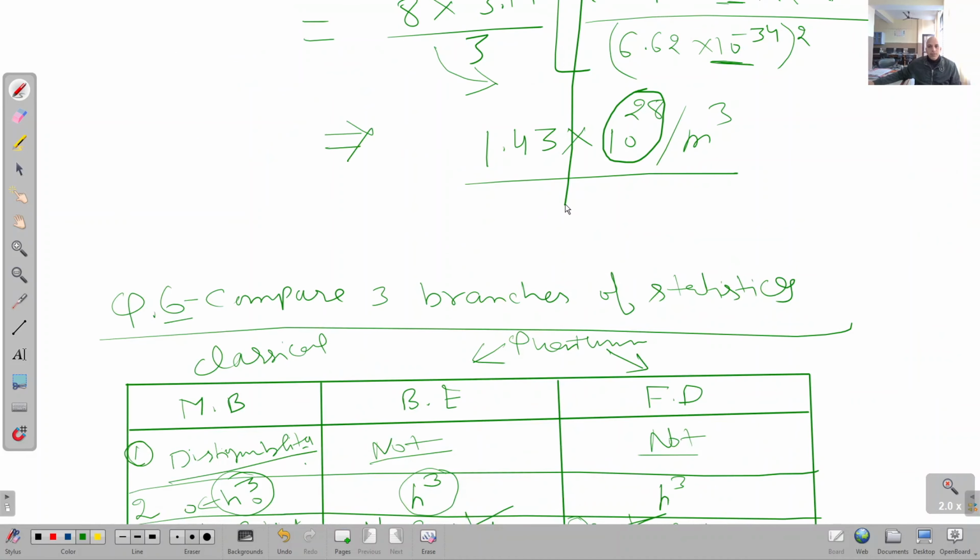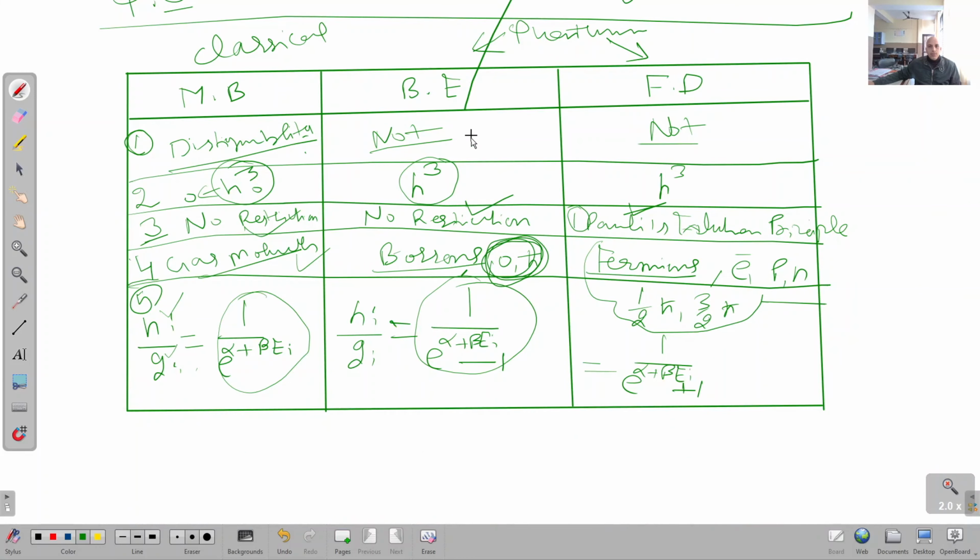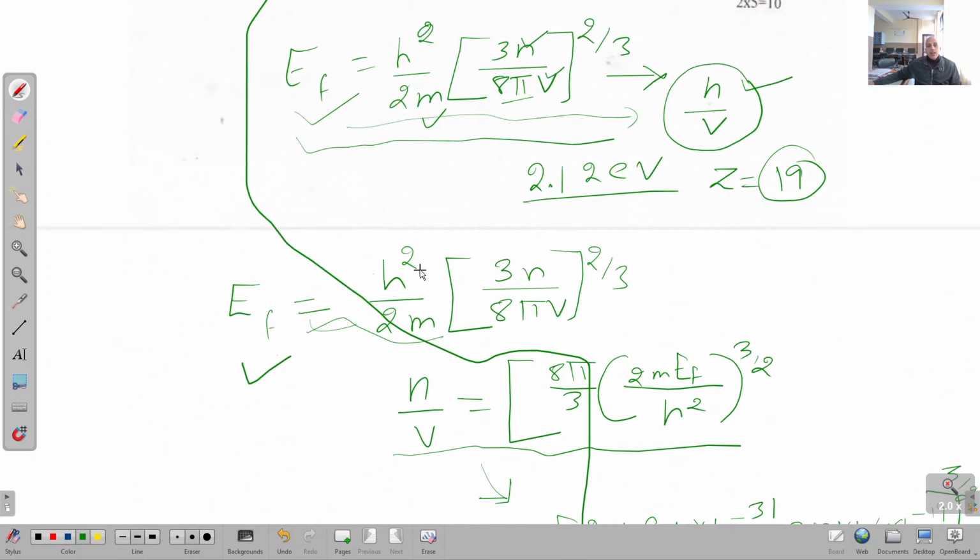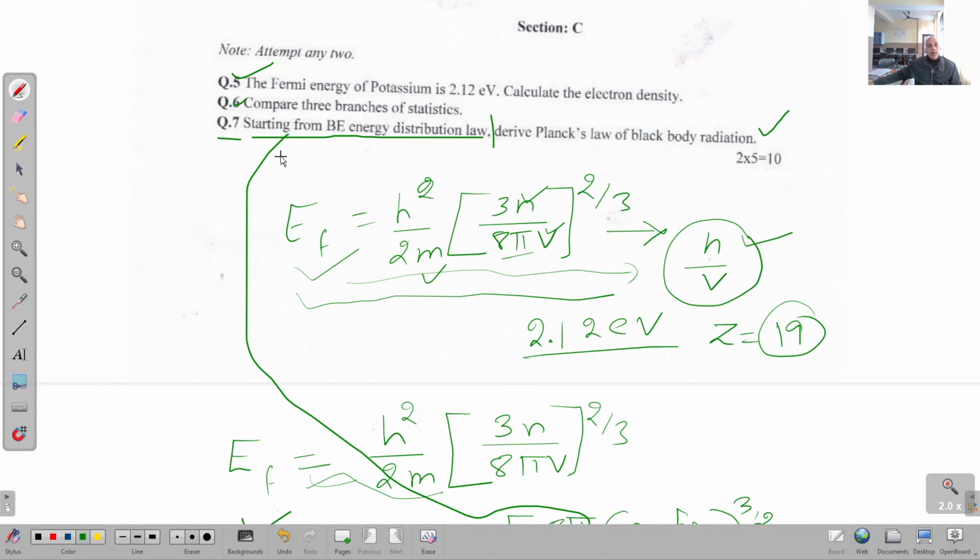You do not have to derive this distribution law. This is already derived, right? I am asking you to start from here and then derive Planck's law of black body radiation, right? So we will derive this expression in the next lecture. Thank you very much.